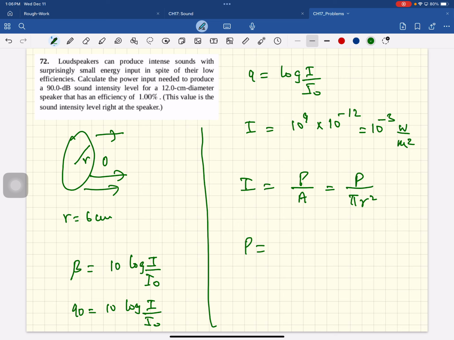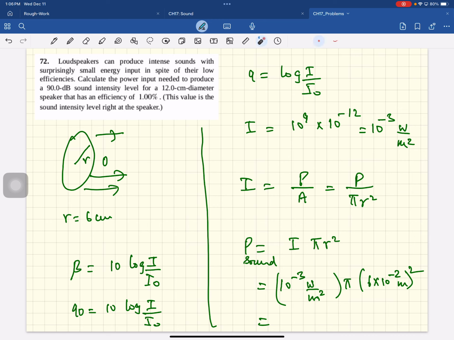So power of the speaker is intensity times pi r square: 10 minus 3 watts per meter square, pi, radius is 6 centimeters. So this is the power in sound. And this is 10 to the minus 4. That makes it 10 to the 7. 36 times that.